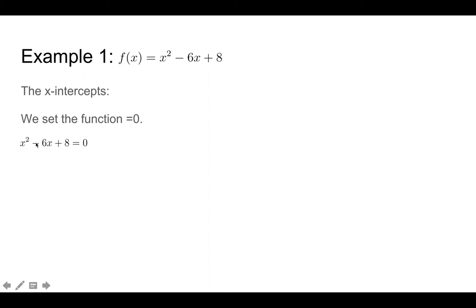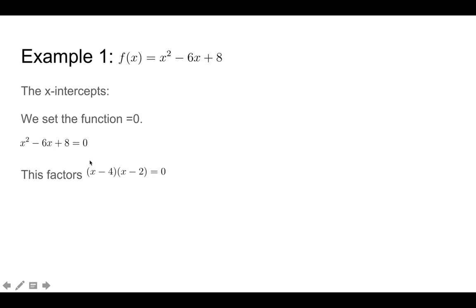We could use quadratic formula. We could do completing the square. We could not use the square root property on this particular problem because it's impossible to write this left side as something squared. If we wanted to complete the square, then we'd be able to use the square root property. Or we could just factor. This particular one factors.